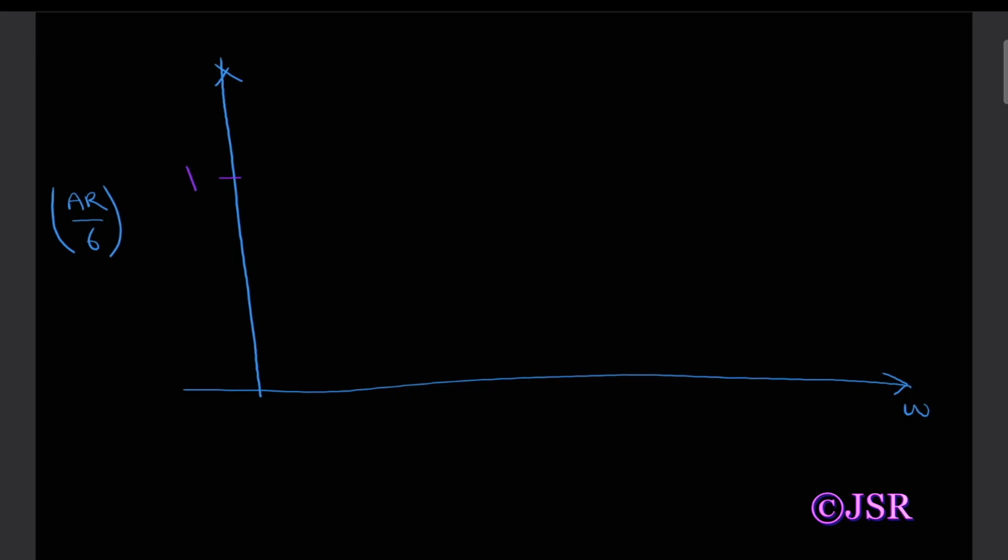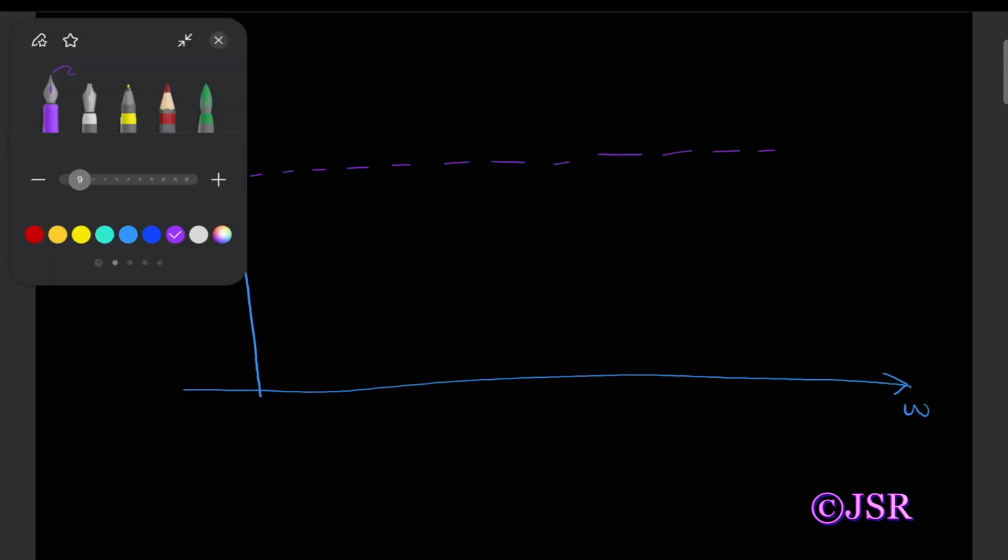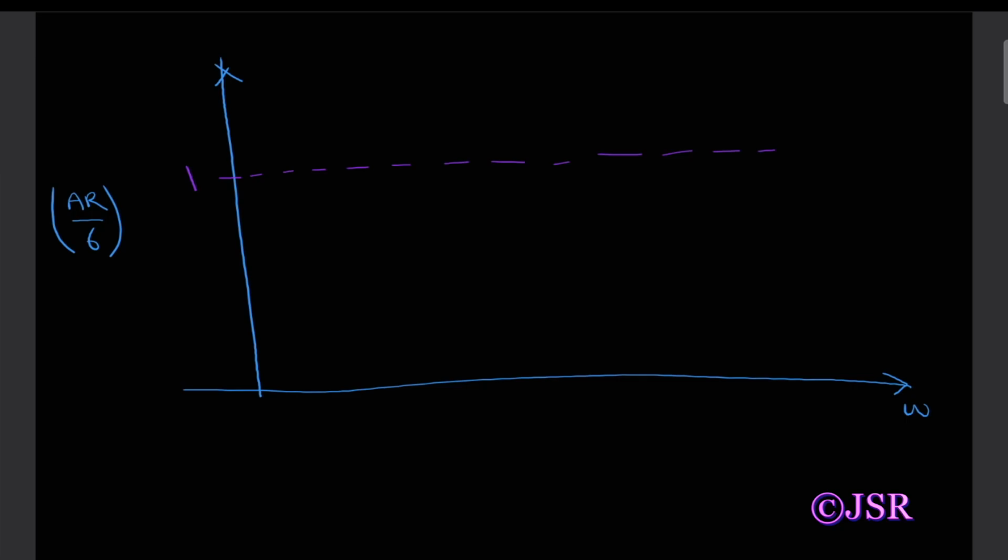This is the equation of the low frequency asymptote, and we also know that in this case we have two crossover frequencies.